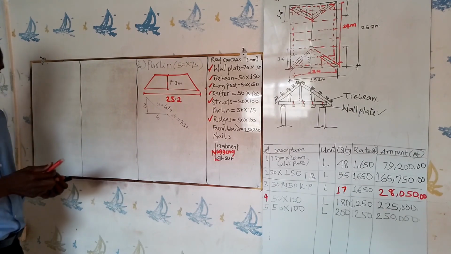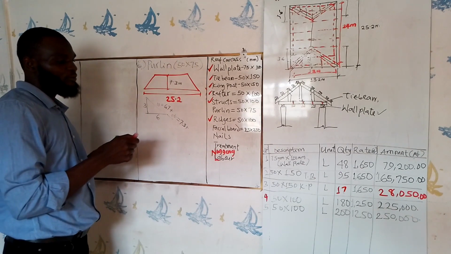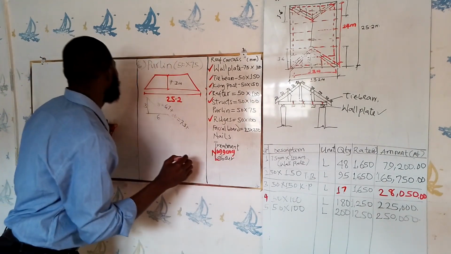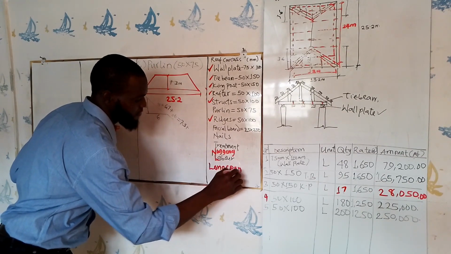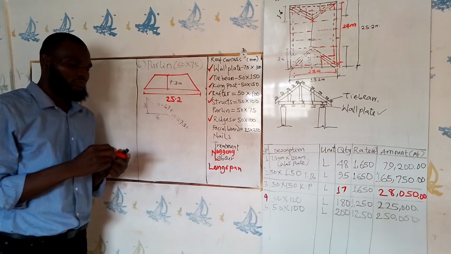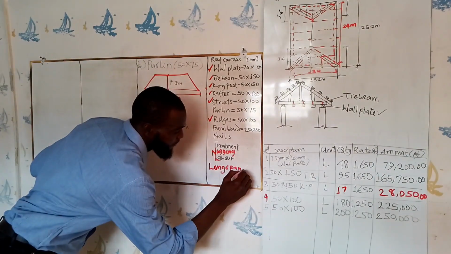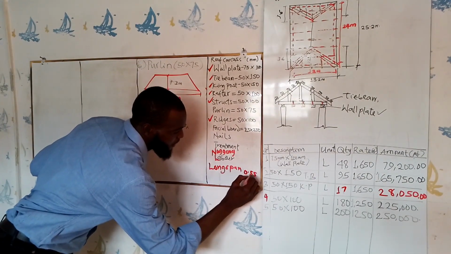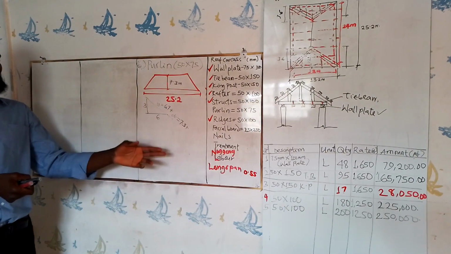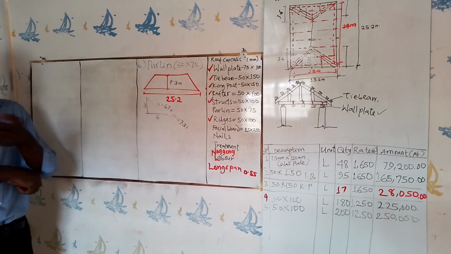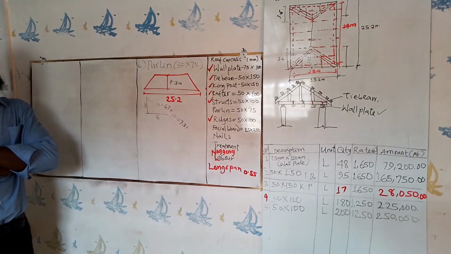So now we need to determine the distance. We are using long span, 0.55 mm gauge. In this case we can space it up to 0.9. I wouldn't want us to go for 0.9.